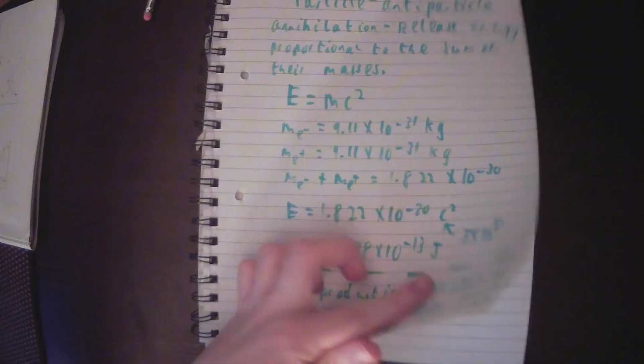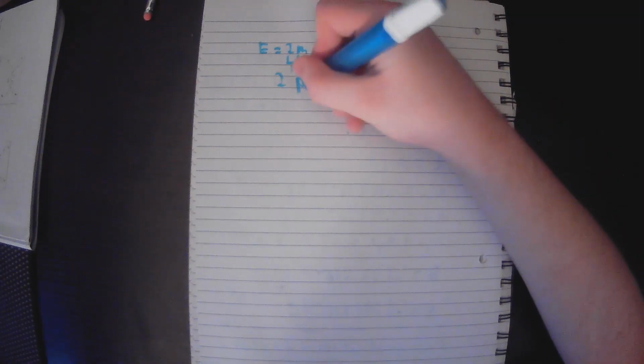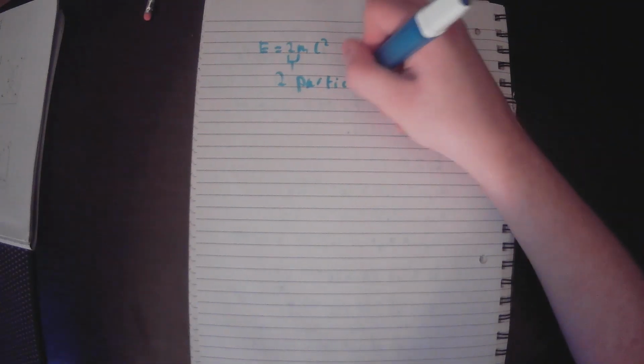And this again follows the equation E equals mc squared, but importantly, because we are working with two particles, it's better to think about it as E equals 2mc squared, because we're making two particles of the same mass.